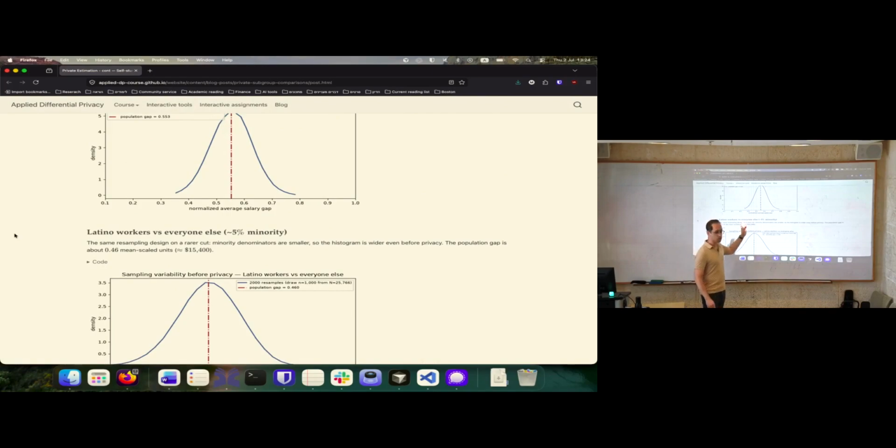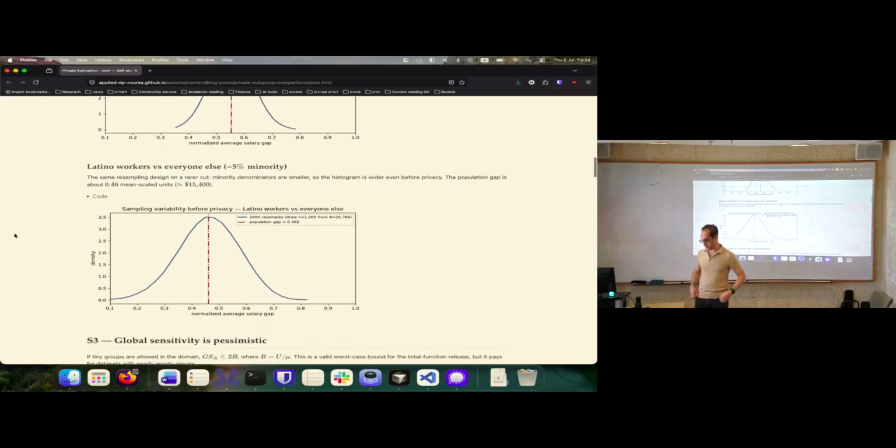One, the average gap is different. The scale here is the same, so the average gap is different. Sure, different populations, different properties. Nothing is surprising here. But the width is different. The male and female gap is more concentrated than the gap between Hispanic and non-Hispanic populations.